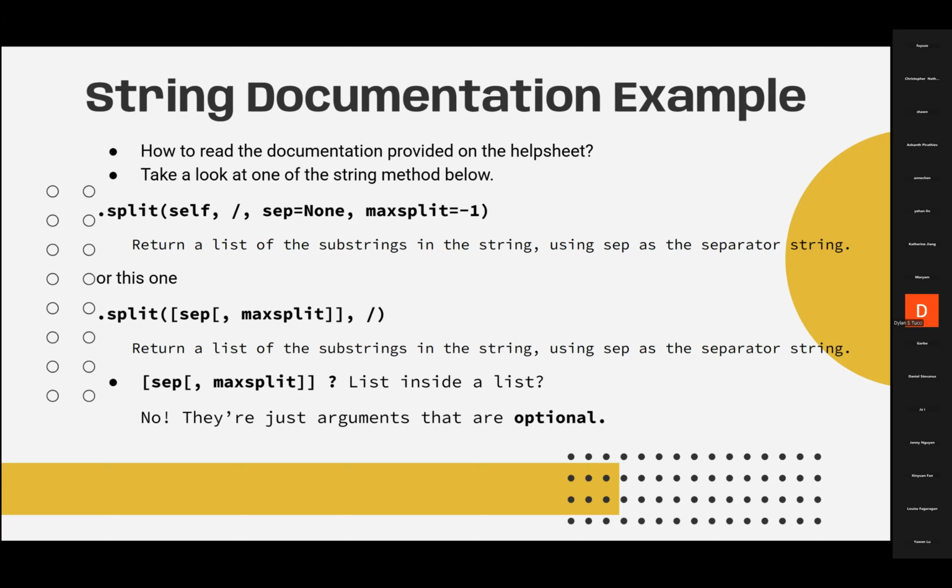You can either provide the argument, or you can ignore it, because that argument has a default value. The default value of sep is none. The default value of maxsplit is -1. Then you can read what the function does: return a list of the substrings in the string using sep as separator. This is sep as the separator string.